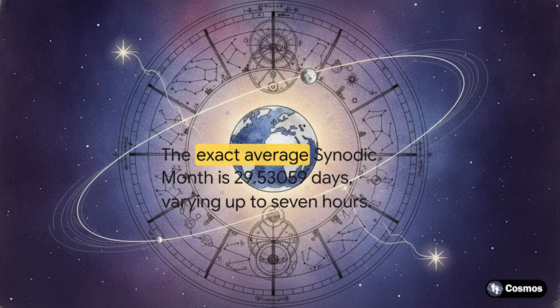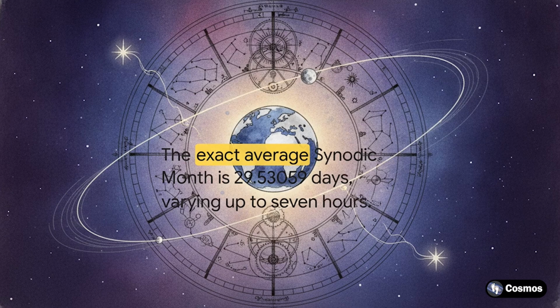The exact average Synodic month is 29.53059 days. Just to put that into perspective, that is 29 days, 12 hours, 44 minutes, and exactly 3 seconds. Just let that numerical precision sink in for a second. It's wild. But here's where the mechanics get even cooler.